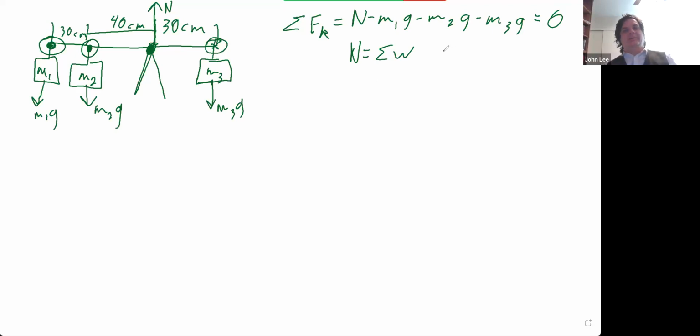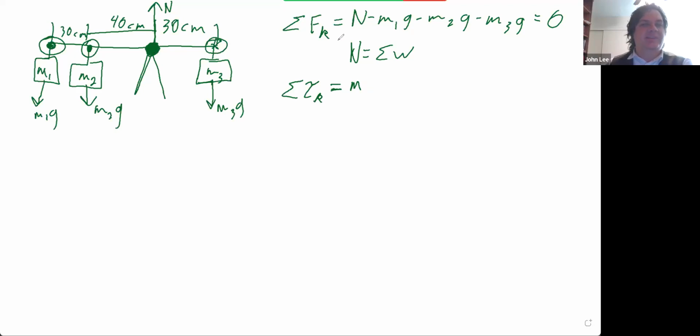So we don't know M3G yet, but we're going to solve that using the actually useful data that we get from looking at the torque. So sum of the torques in K, for each individual torque, is going to be, let's have pointing out of the page being the positive direction, M1, and then this is going to be our pivot because we want to get rid of normal force. We don't know what normal force is necessarily.